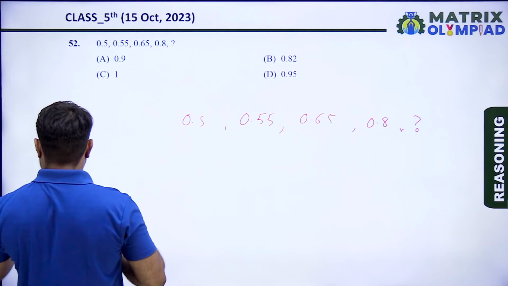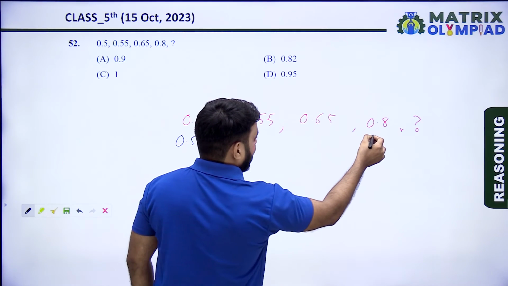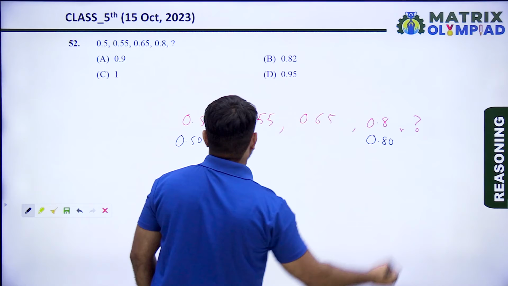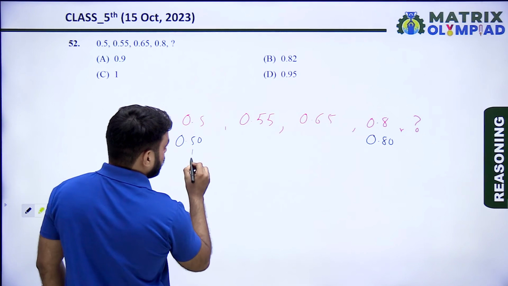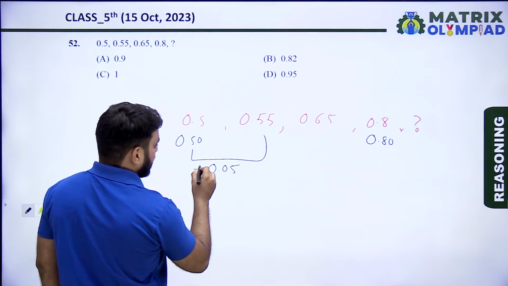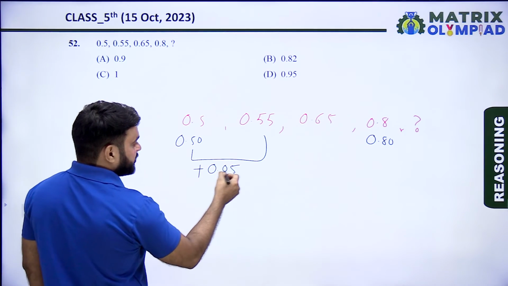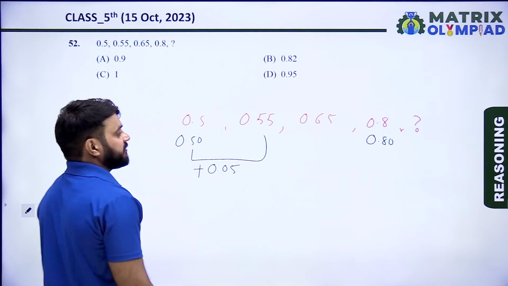Okay, 0.5 means 0.50, 0.8 means 0.80. So 0.50, now adding 0.05, it means 0.50 plus 0.05 is 0.55.